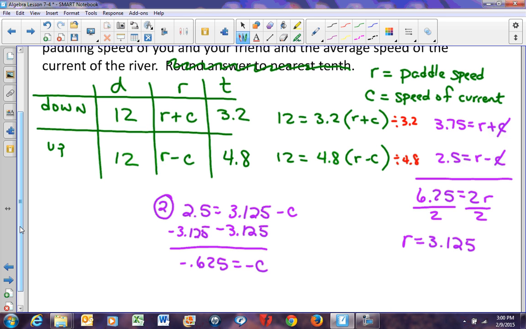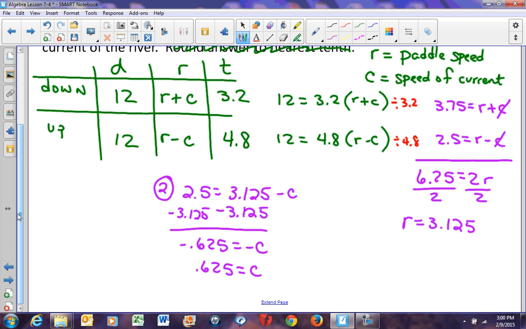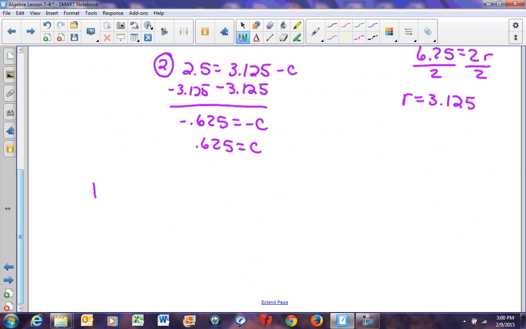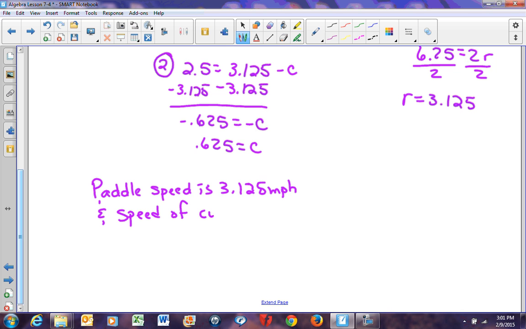I can divide by a negative and I get 0.625 equals C. So here I have paddle speed is 3.125 miles per hour, and speed of the current is 0.625 miles per hour.